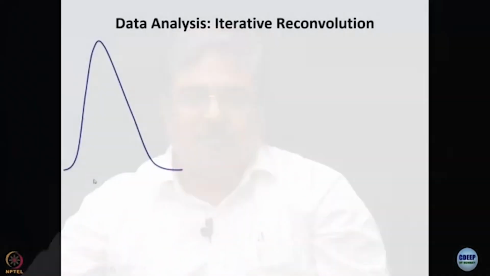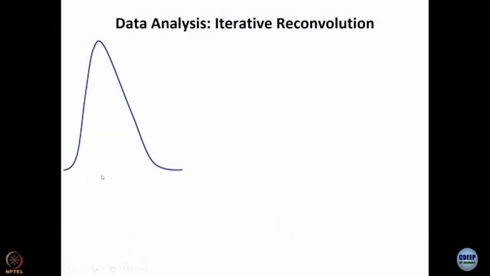So, depending on how many picoseconds are covered under this curve, okay. Suppose we have 100 points here, then we are going to get 100 delta pulses. So, experimentally the number is not infinite, it is determined by what kind of time resolution we use.